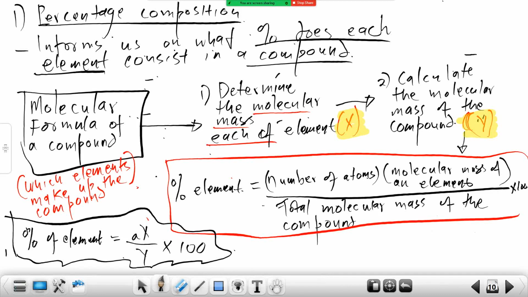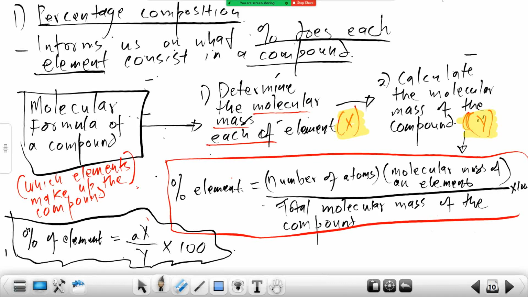So preferably do number 1, determine the molecular mass of each element. Do number 2, calculate the total molecular mass, which is what we did in the previous session. Then you have everything in front of you, and it's just substitution.